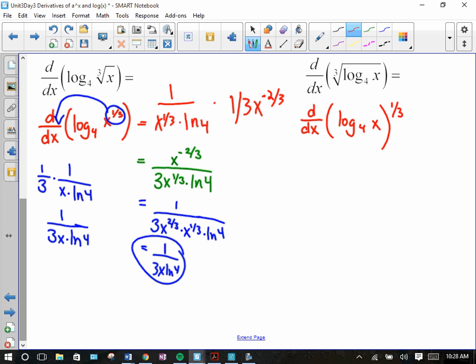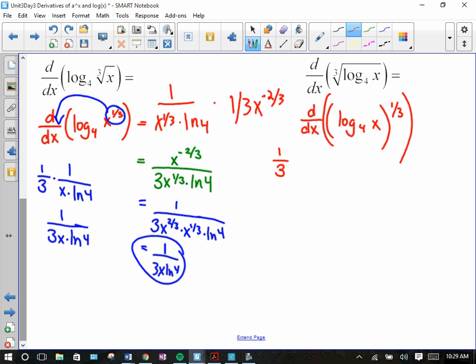Alright, so we have to take the derivative of this. We make this 1/3 out front, so we do 1/3. This is the derivative of log base 4 of x to the 1/3. I'm bringing this 1/3 down, just like the power rule: I bring it down, I subtract 1 from it.